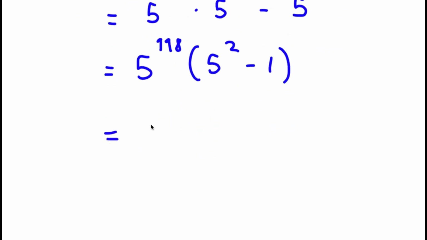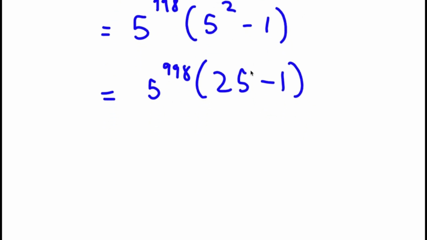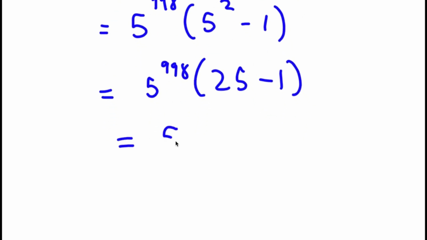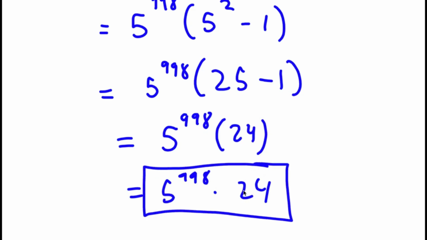So I have 5 to the power of 998 times 25 minus 1. And 25 minus 1 is 24. So I'm left with 5 to the power of 998 times 24, which can also be written as 5 to the power of 98 times 24. So this is my answer.